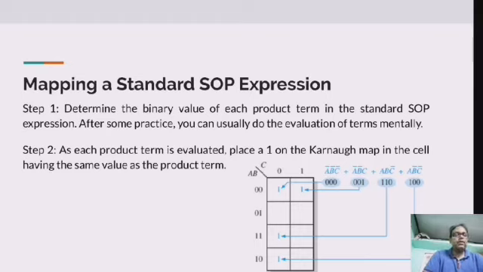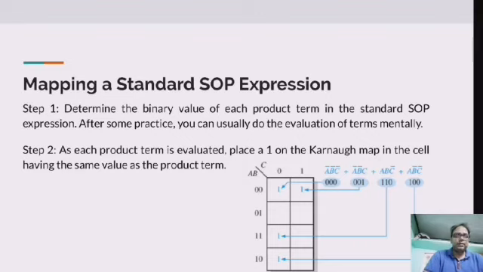the evaluation of these product terms in binary values will be mapped accordingly. For example, we have been provided with the product term 000. This will be mapped to the cell with the corresponding variables A, B and C having 0, 0 and 0 binary values.